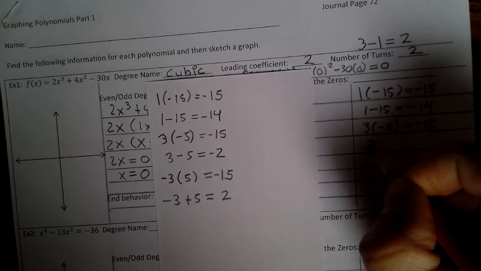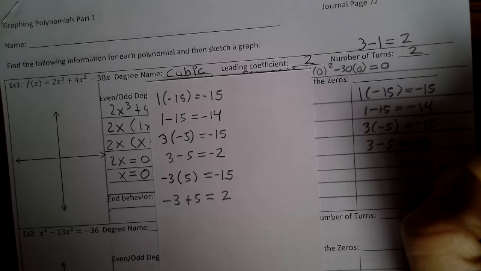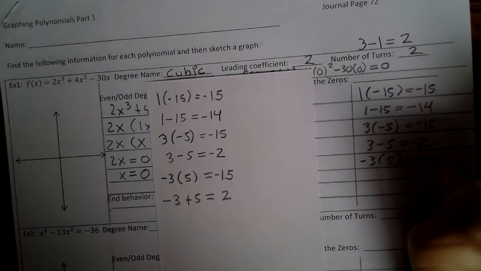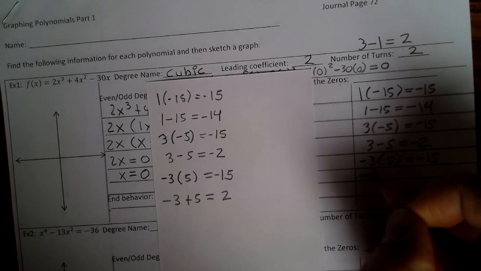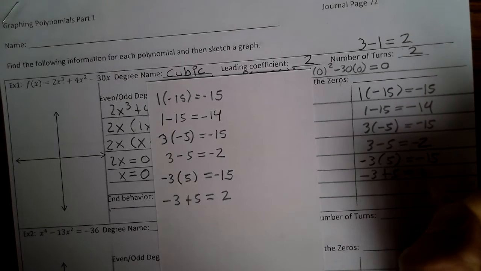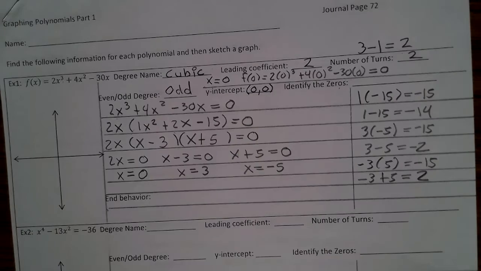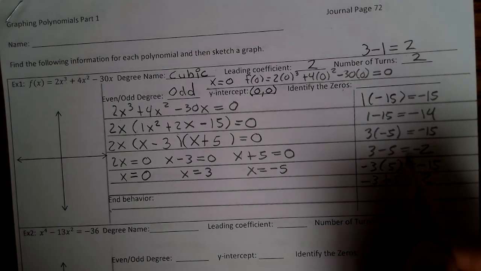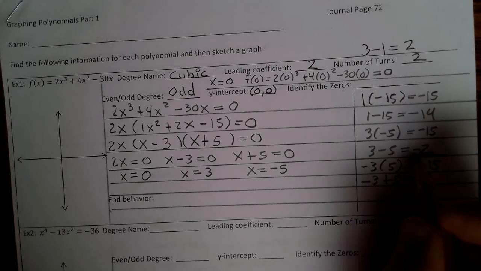And then negative 3 times 5 equals negative 15. And then negative 3 plus 5 equals 2. Again, that's why this combination worked right here. This told you that we'd have x minus 3 and x plus 5.